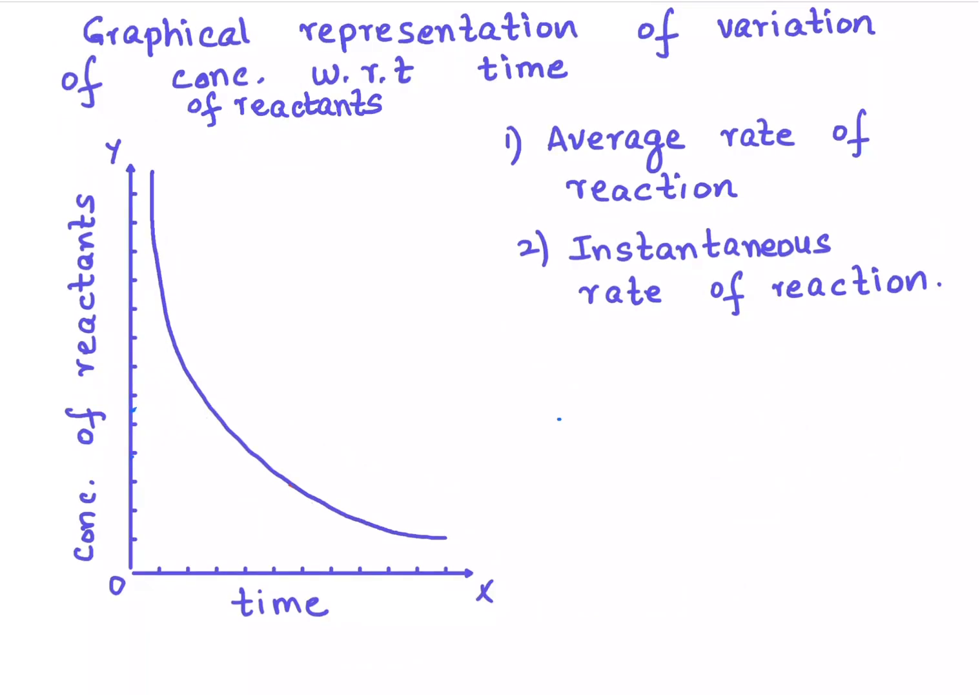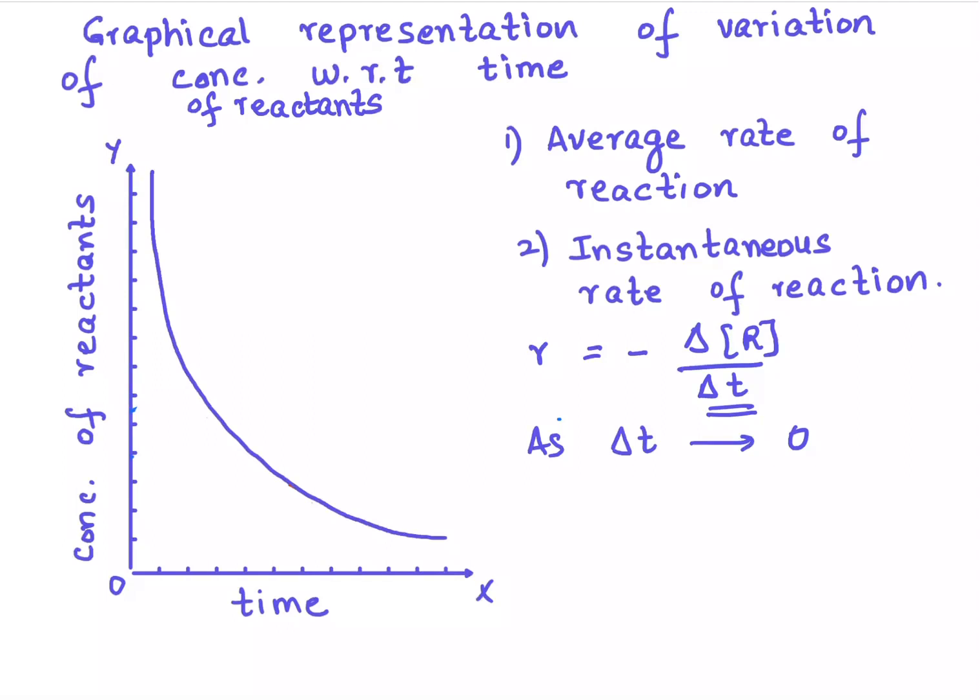Instantaneous rate of reaction. Instant means at any instant, at any point of time. So, if I'm taking the rate of the reaction as the negative change in the concentration of reactants divided by change in time, now this time we are saying that this time approaches zero, meaning to say that the time interval that I'm talking about is very, very small at any instant of time.